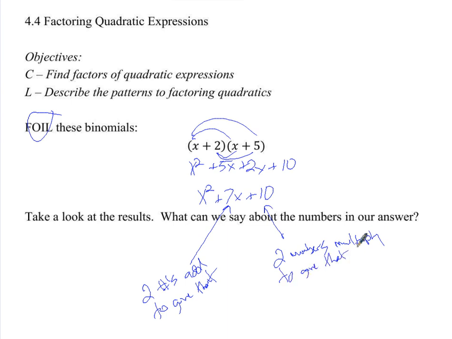And they're the exact same numbers. So we are going to be looking for two numbers that multiply to give me that number right there. And at the same time, those same two numbers add to give me that number right there. If I can find two numbers that do that, then I can split this original trinomial into two binomials being multiplied together. In other words, I can undo FOIL. And that's the goal of this entire section.